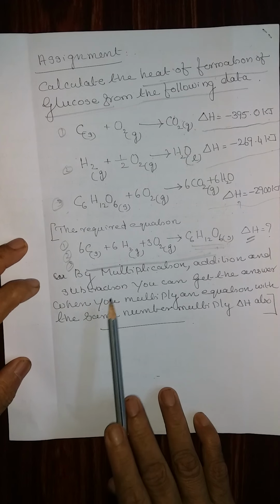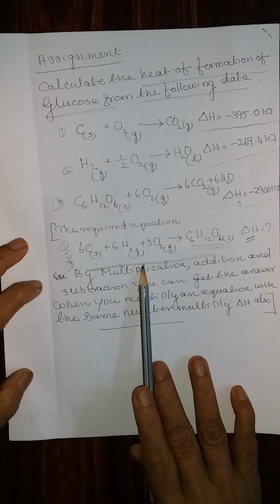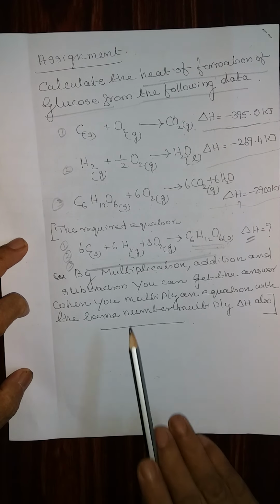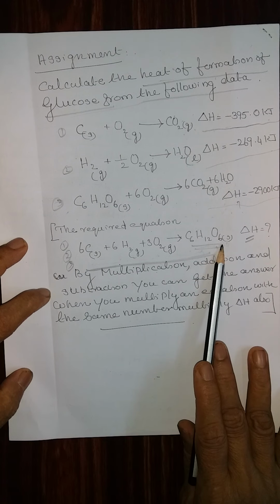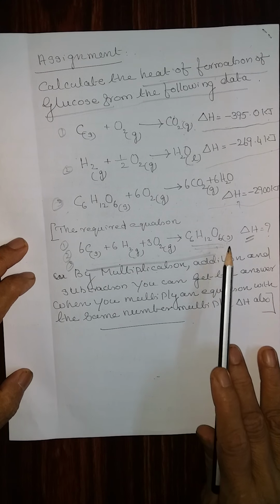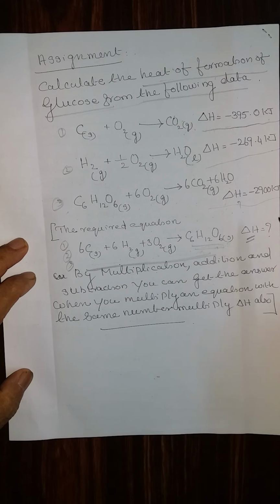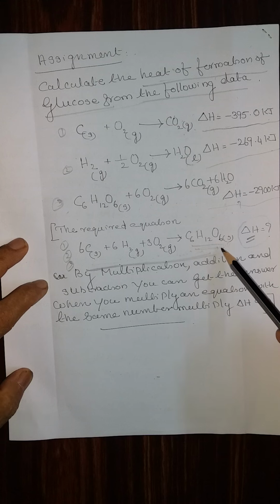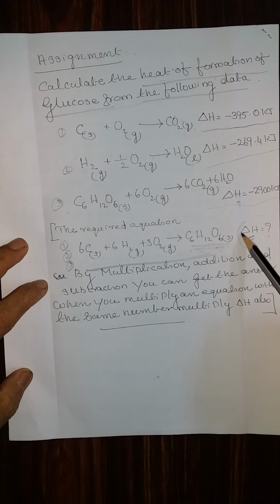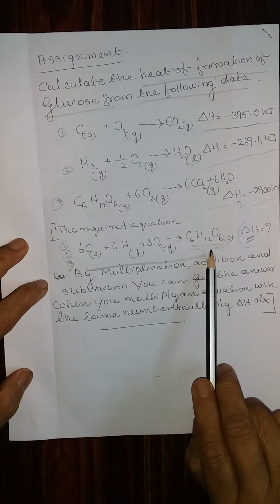Since you are doing it for the first time, I am explaining an application level question; follow that method and try to do it. Once you balance this equation, it will have a certain delta H for this heat of formation. That is the question. You should find out the delta H for this equation.